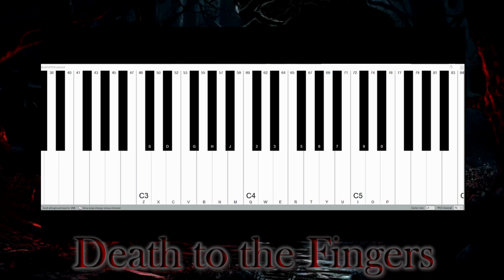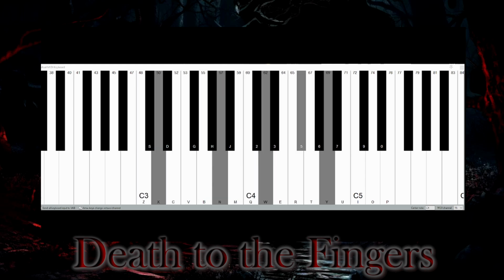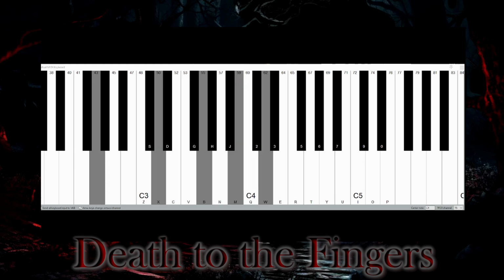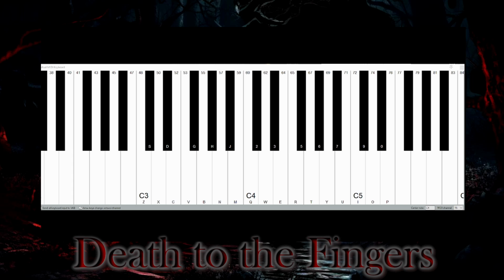Done deal, right? Start factoring in some of the more exotic ones. Now that might sound bizarre to you when you do stuff like that, but honestly, you have to get used to it.